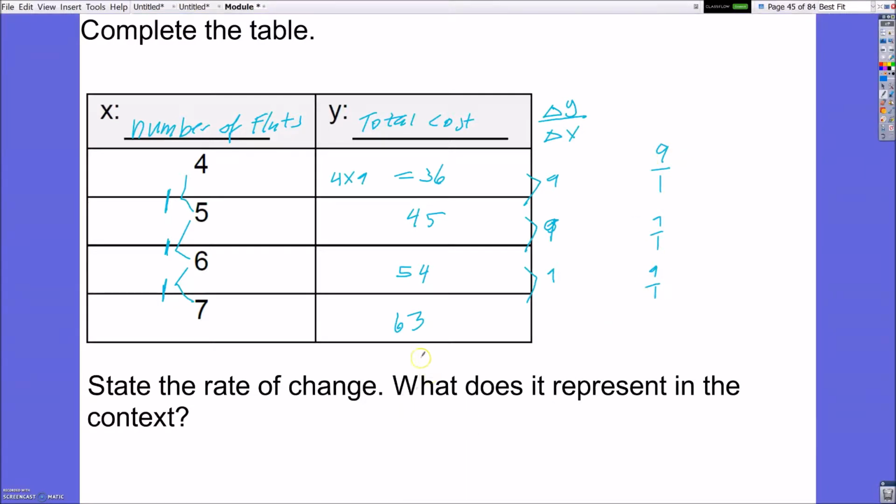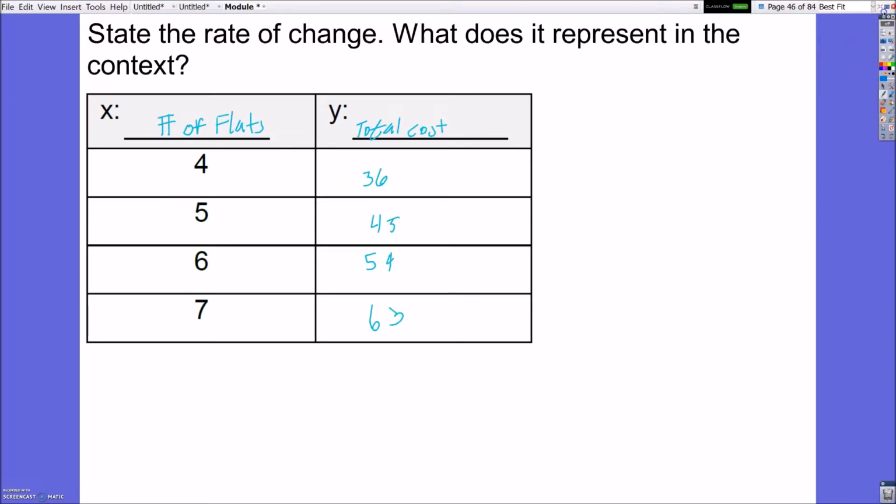Obviously these have a constant rate of change, which is 9. What does that represent? For every one flat I buy, it will cost $9 more.